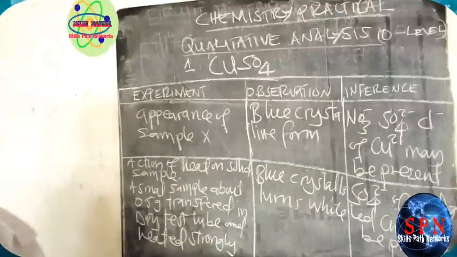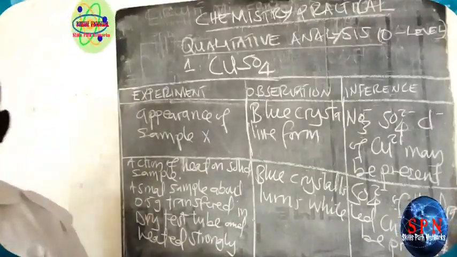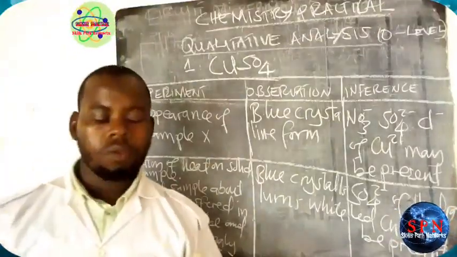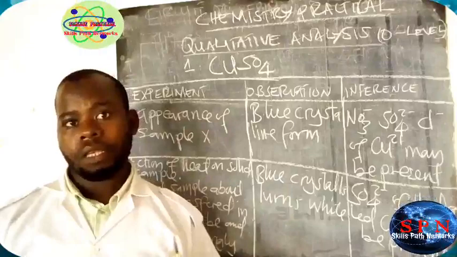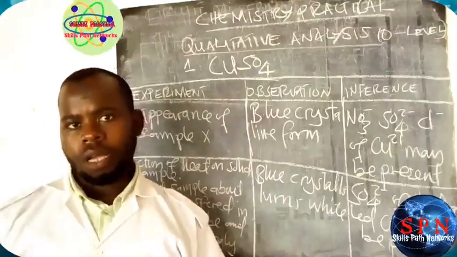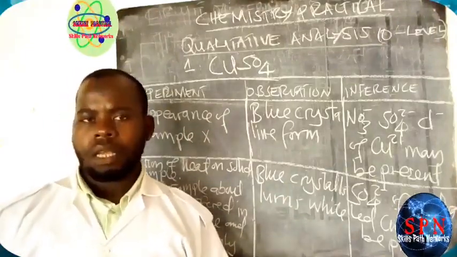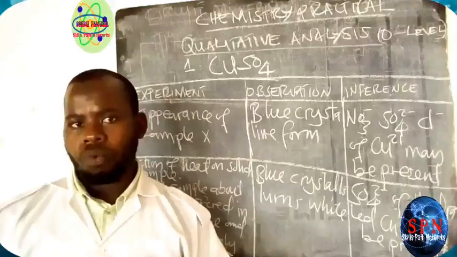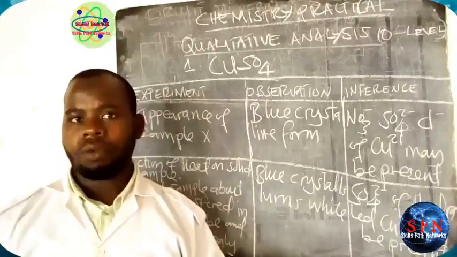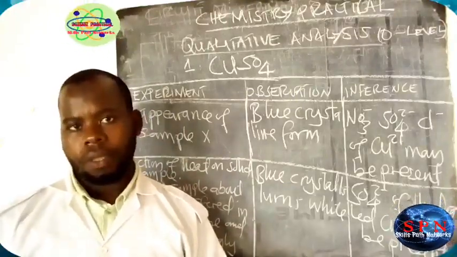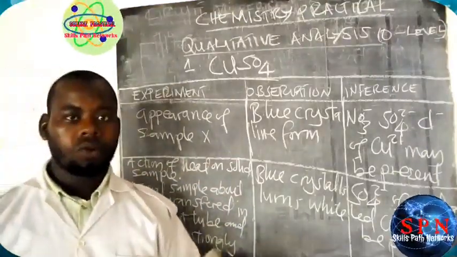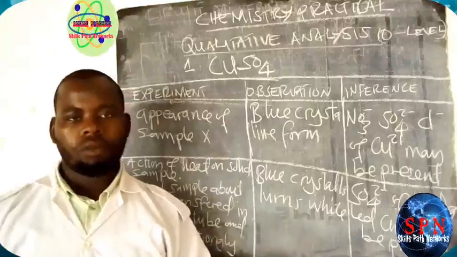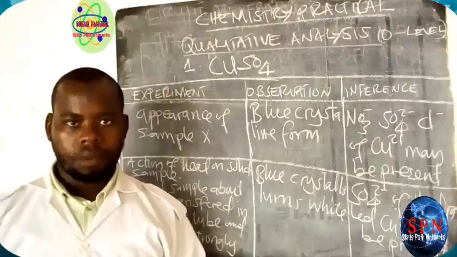Another step is the flame test. For the flame test, you can use two methods. You can use nichrome, a glass rod, or the side of a test tube. According to these steps, we are going to use the glass rod. You mix the salt with hydrochloric acid, then you make the flame test.